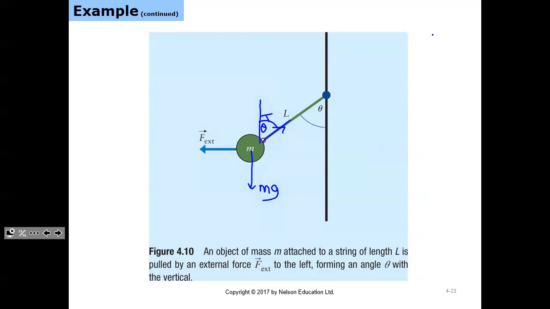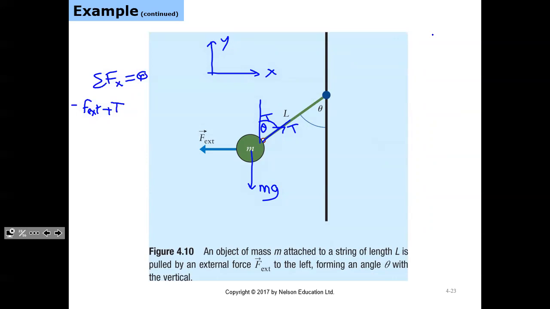If you write the equation in the x direction, it's zero now, and there's no acceleration. It's equilibrium. In the x direction, you get F external, that is negative, because let me take the x direction this way and the y direction up. So plus T sine theta.